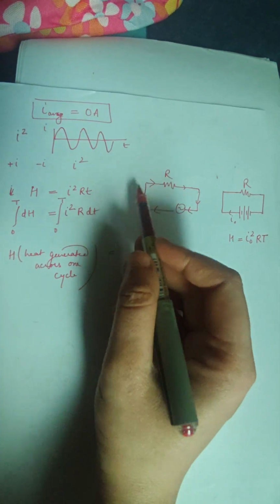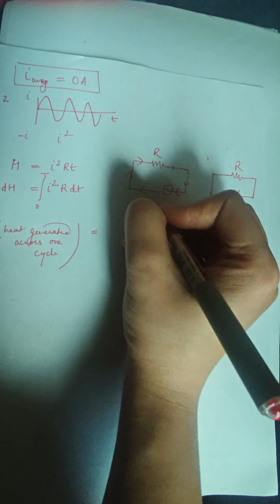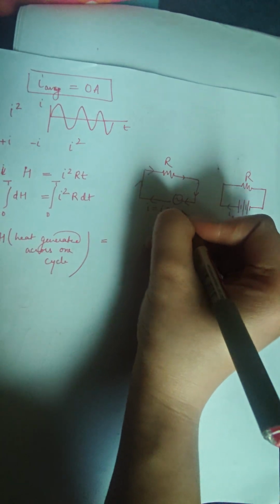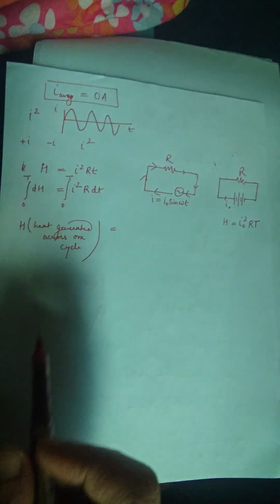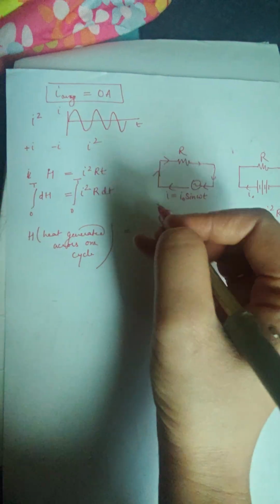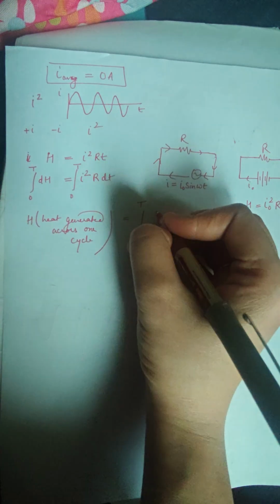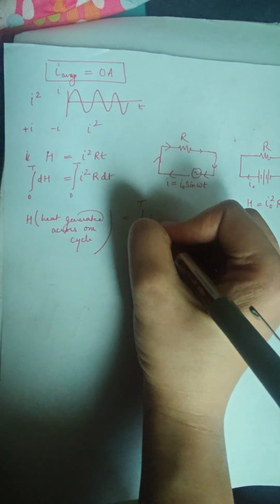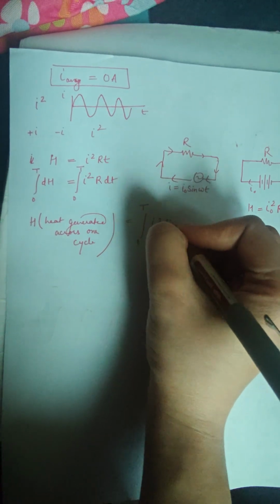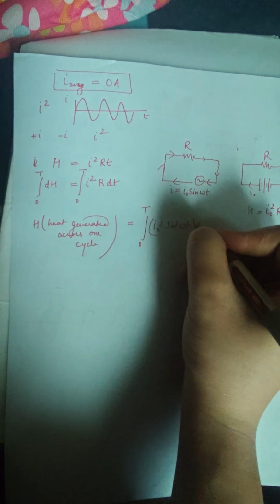I'm just gonna do this for this case because here the current is not I naught, current is I naught sine omega t. At varying time, the current is going to be different. So I'm going to calculate it over one complete cycle. So 0 से T time period हम लेंगे, and in place of I square I will put I naught square sine square omega t R dt.